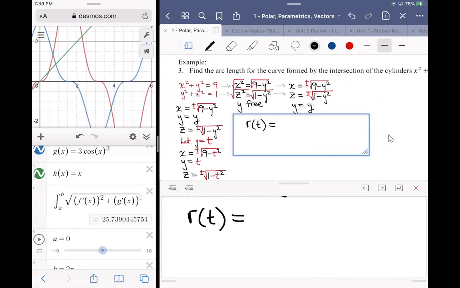The short answer is you don't want to work with too much. So let's just take the positive components. The idea being that if we could figure out the arc length for just the positive pieces, then that'll give us 1/4 of what we need.